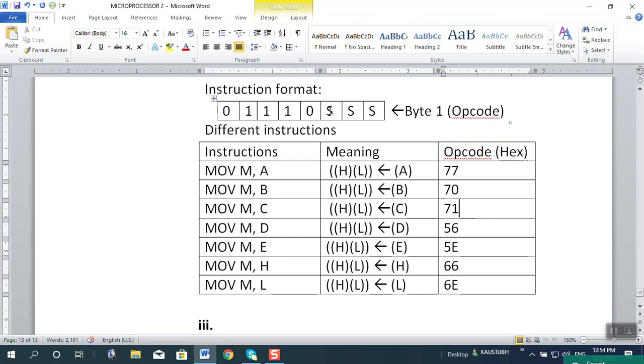D is 0 1 0, that means 72. Similarly 73, 74 and 75. Okay.